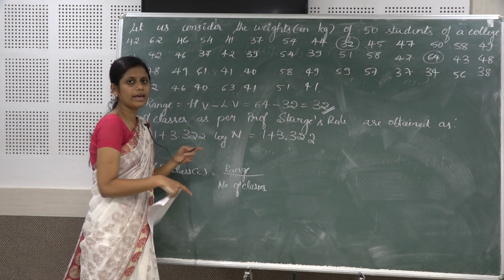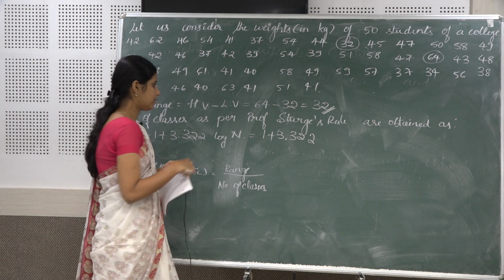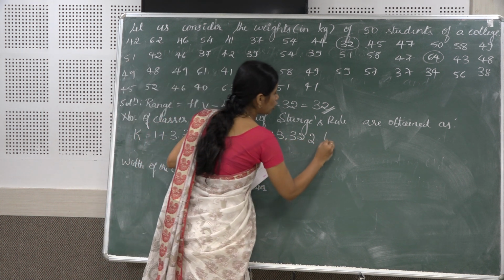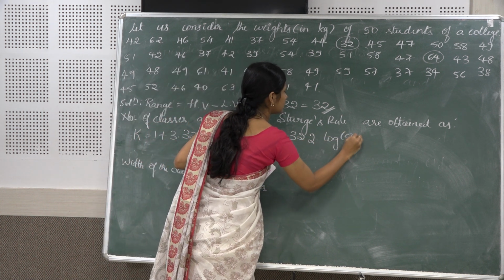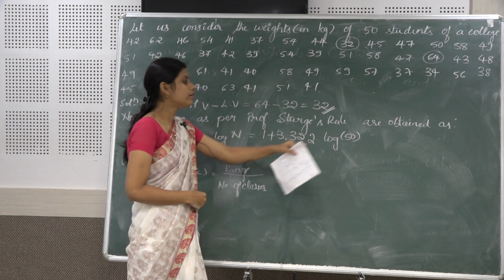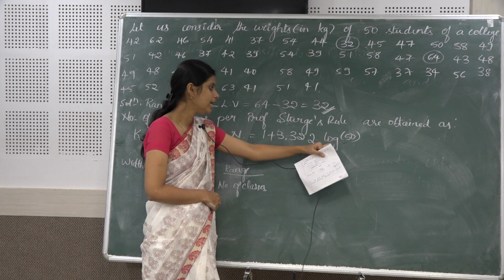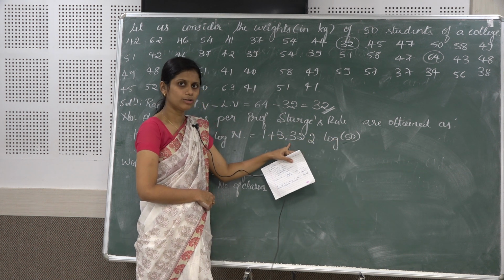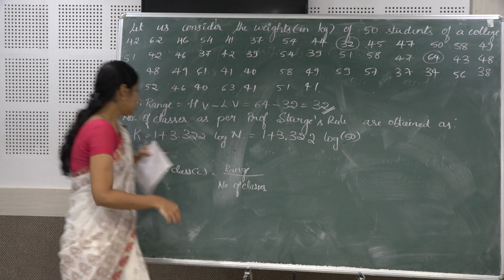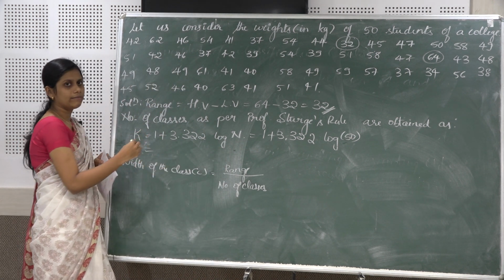Now substitute n as 50: 1 plus 3.322 log 50. First we will find log 50, then multiply it with 3.322, then add 1. According to the BODMAS rule, we go like this.